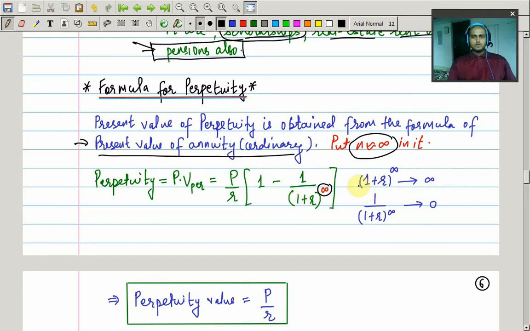So this 1 plus r is greater than 1, raised to infinity. Any number greater than 1 and its power is very large tends to very large quantity, and its reciprocal tends to 0. So this quantity is 0. So I'm left with only this thing, P upon r into 1.